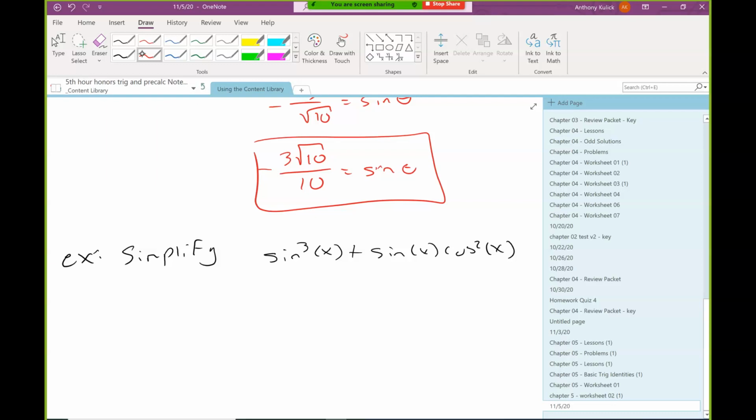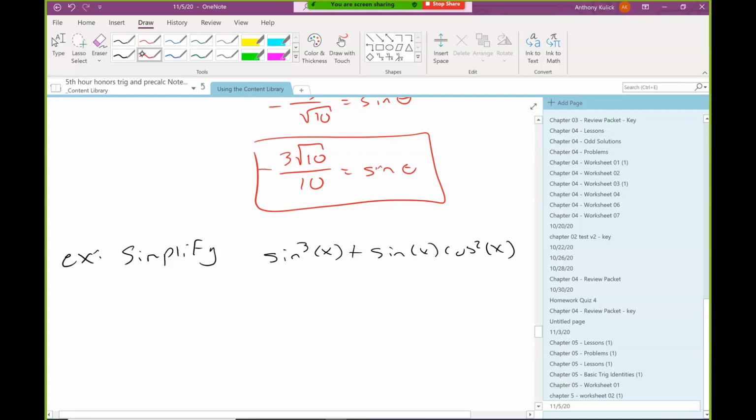A simpler expression would probably be one thing. And I have two different kinds of trig functions going on. Simpler would mean maybe one or no trig functions. Maybe it can reduce down to a single constant or something. But that's what I mean by simplify. So I want to make this have less terms or less trig functions involved.